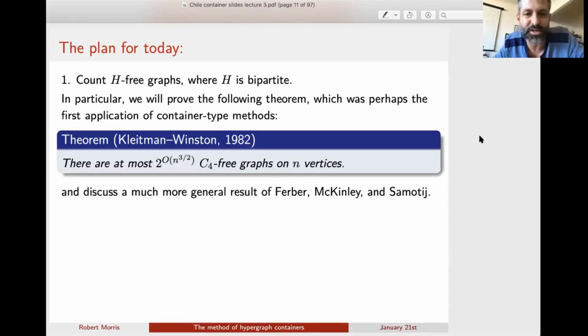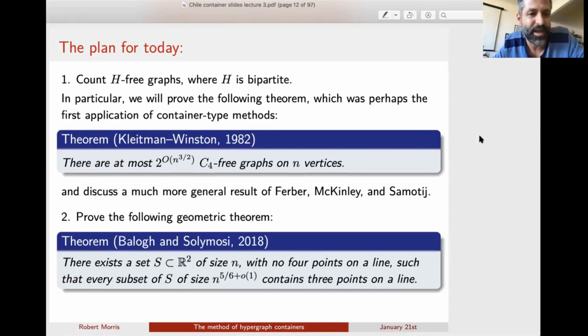But I would also like to discuss a more general recent result of Ferber, McKinley, and Samotij. I won't do this today because there isn't any time, but tomorrow I'll talk about this geometric theorem of Balogh and Solymosi, an application to combinatorial geometry, or discrete geometry.